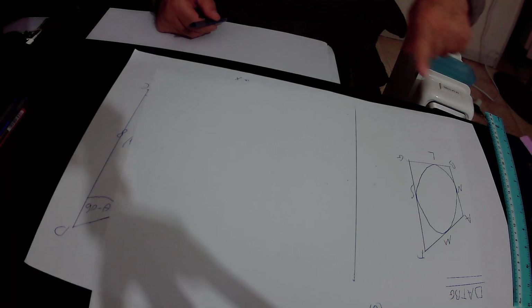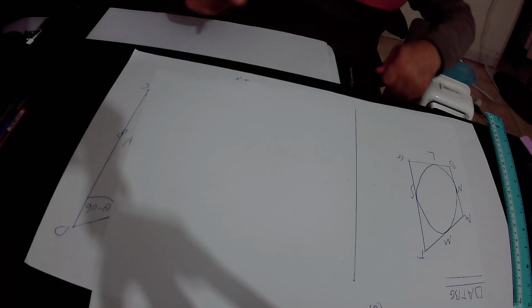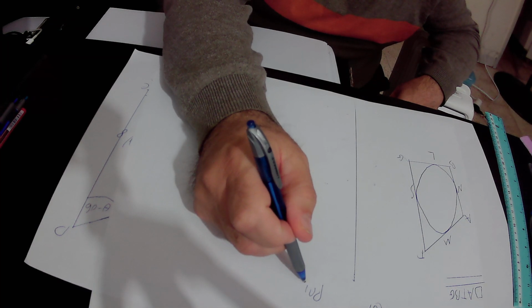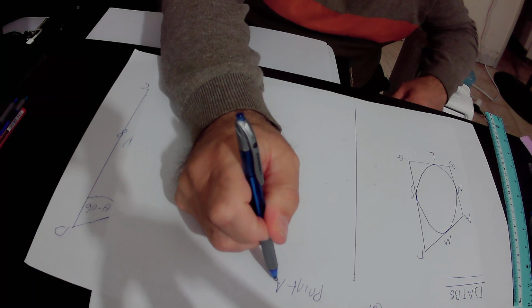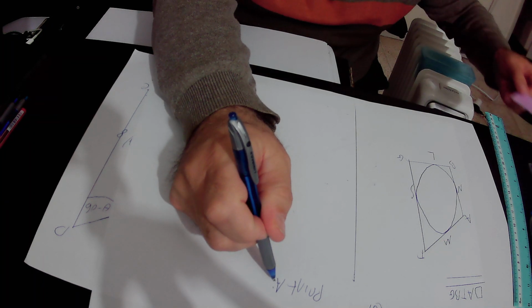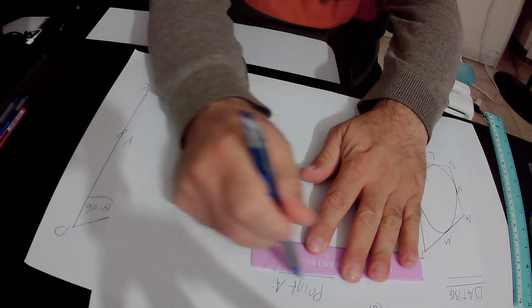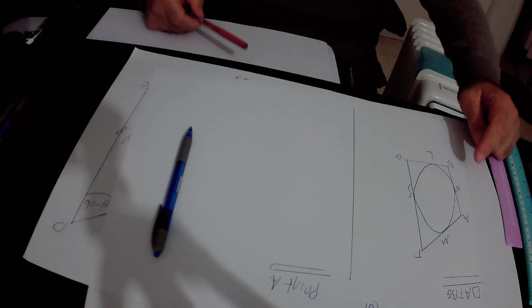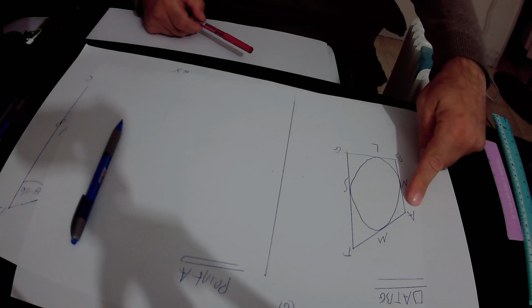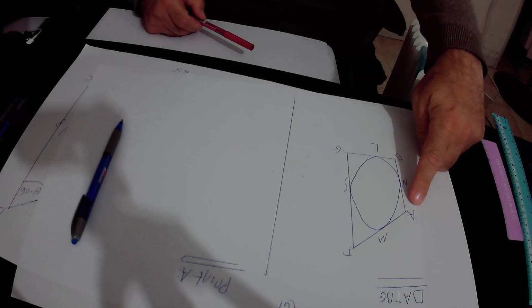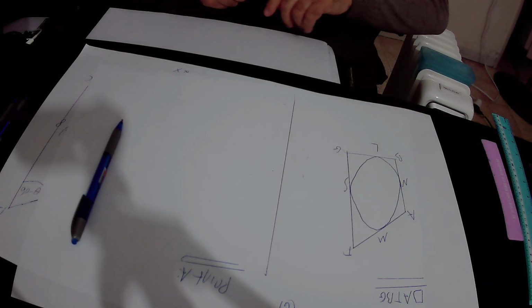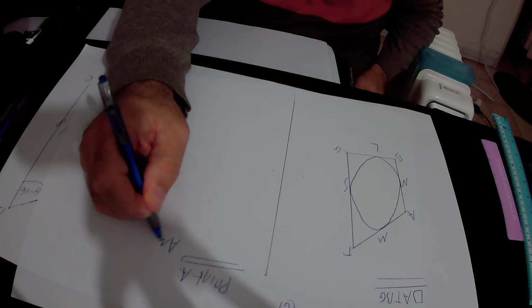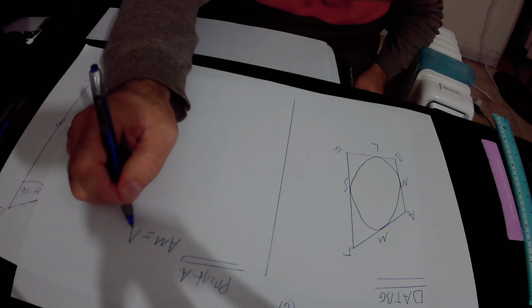Here we'll focus on the common external point, point A. On the common external point A, here we have two tangents to this circle, tangent AM and tangent AN, and according to rule number 2, they must be equal to each other. That is to say, AM equals AN.